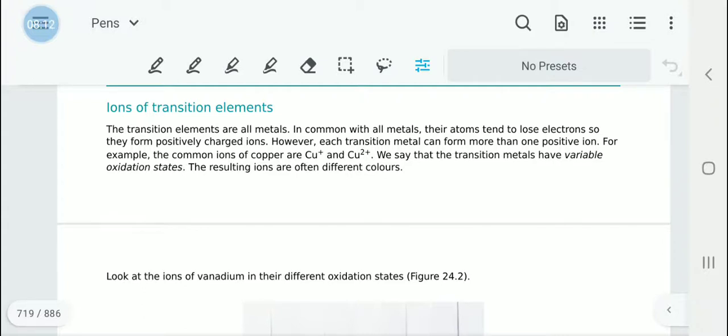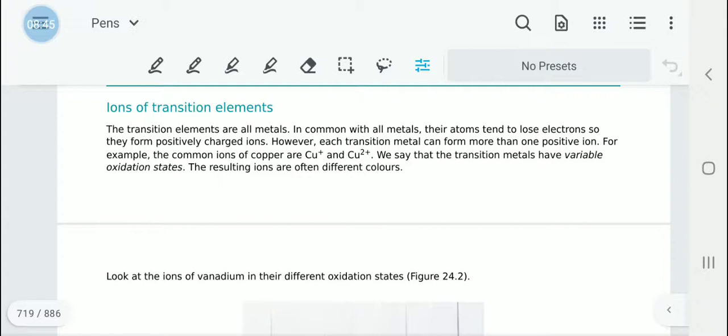All transition elements are metals. That means they have loose electrons, and as a result they can produce positively charged ions. But the speciality is, like I said earlier, each transition metal can form more than one positive ion. Common ions for copper are Cu+ and Cu2+.